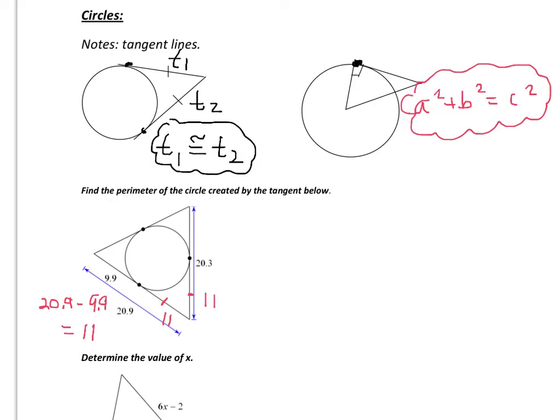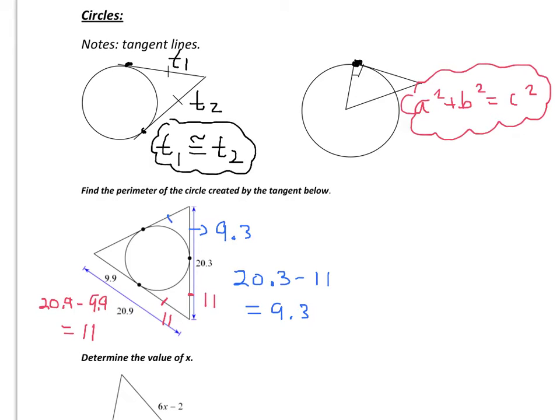Now, we can use the fact that this is 11 and that this is 20.3 to find the length of this tangent. So this tangent is simply 20.3 minus 11, and that gives us 9.3. So this tangent here is 9.3 units.